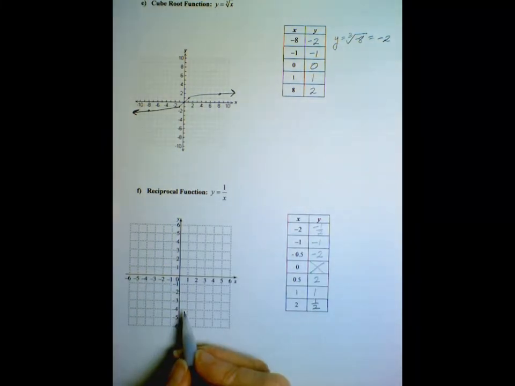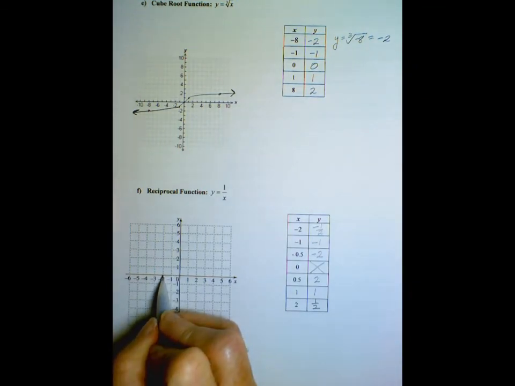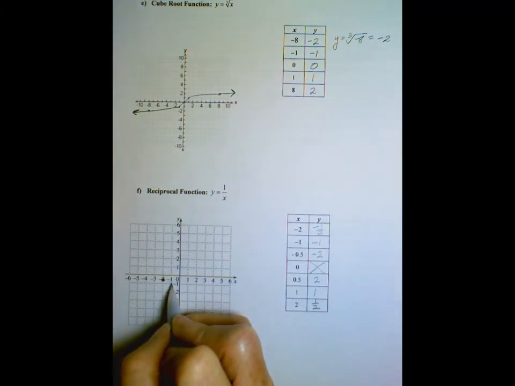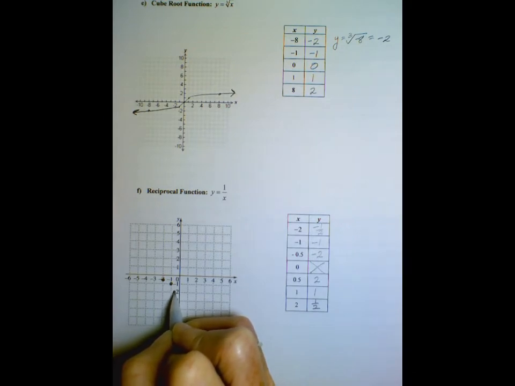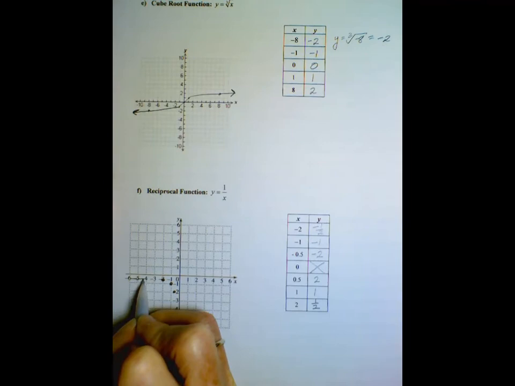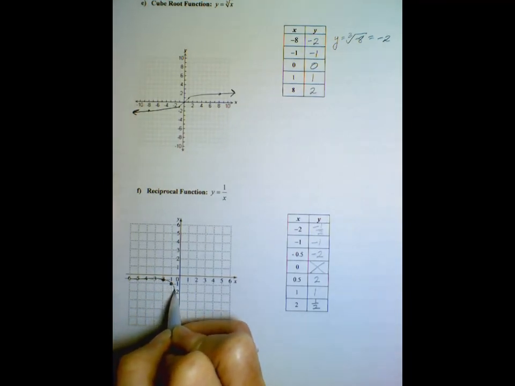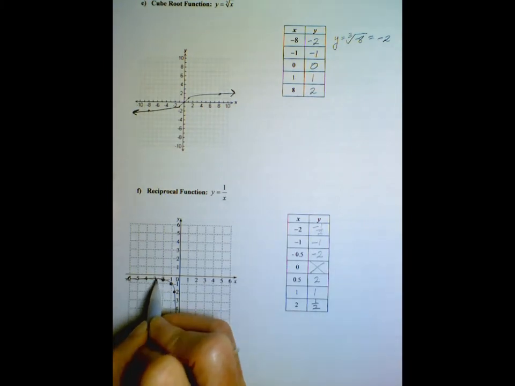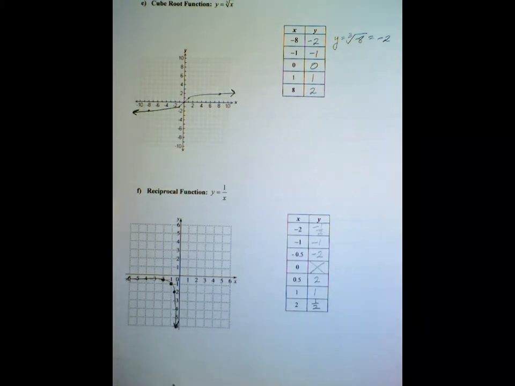Okay, let's see what this looks like. We have -2, -1/2. I'm going to have to just kind of guess where that -1/2 would be. -1, -1, and -1/2, -2. So what we're seeing for the first 3 here is a piece that comes and skims along the x-axis, curves through here, and goes down the y-axis.